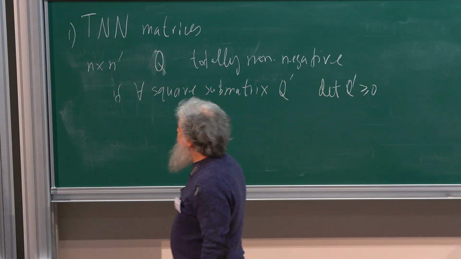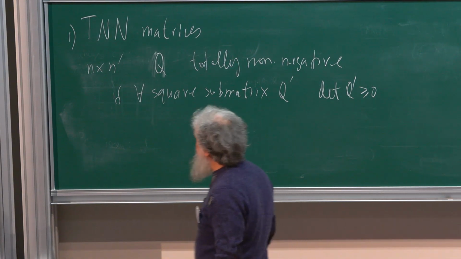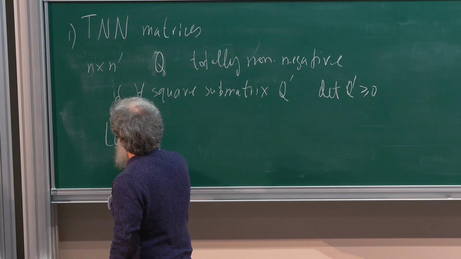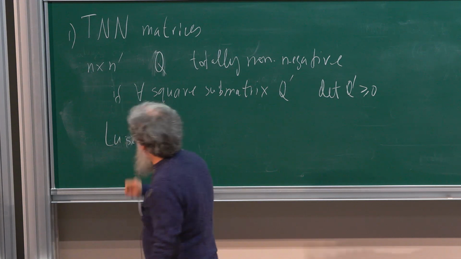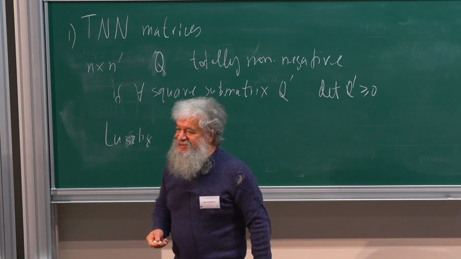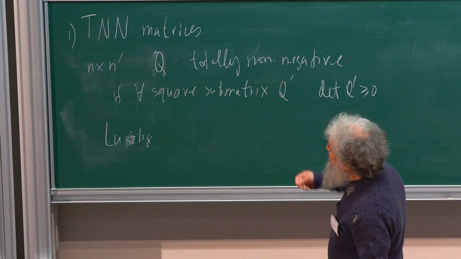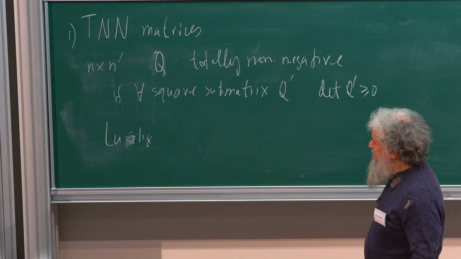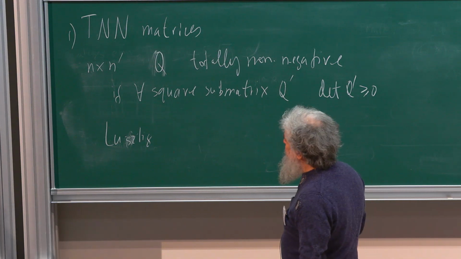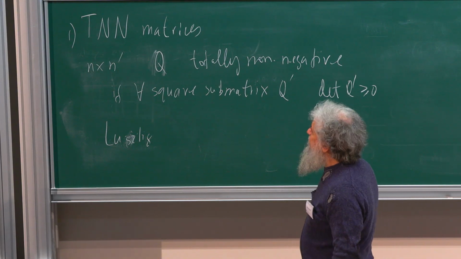But more fascinating interest in such matrices came after Lusztig. He found the relation between totally non-negative matrices and canonical bases, and then extended this notion from GLn to other groups. At the same time, or a little later, came works by Fomin and Zelevinsky, who were interested in questions.